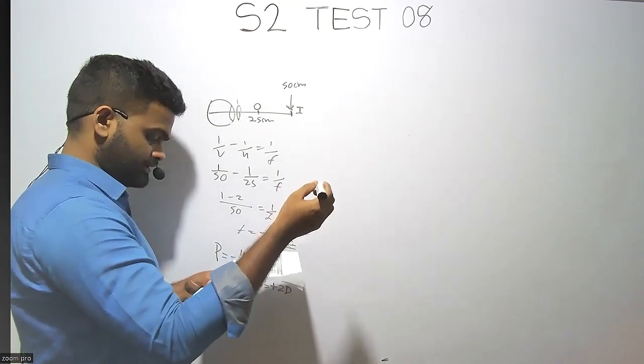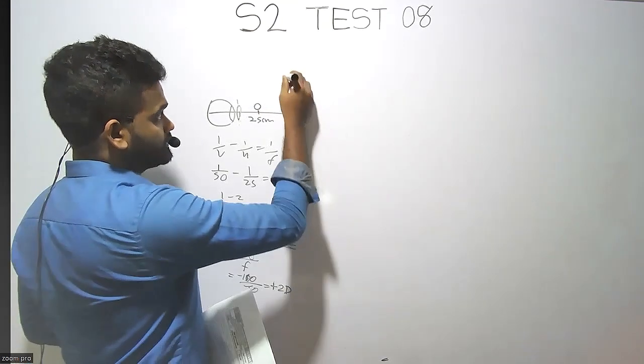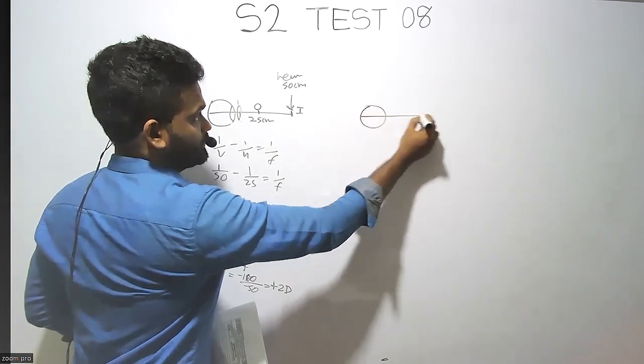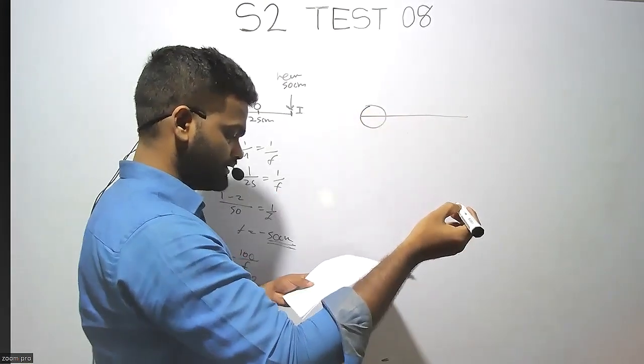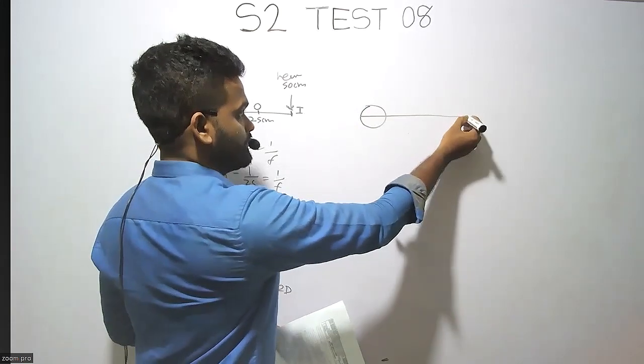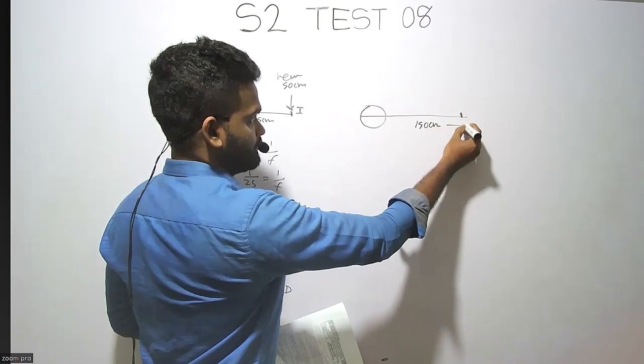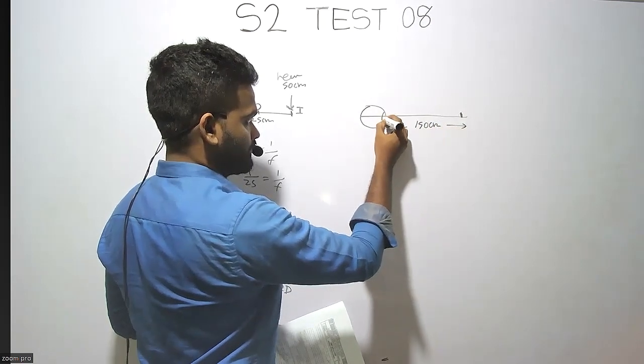Then, this is the near point of him. Then you have the far point. Far point is not infinity, it is 150. Far point is 150. Okay.